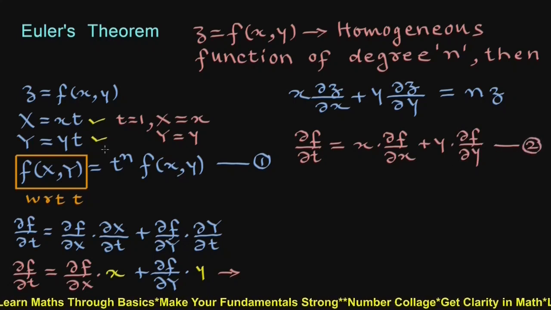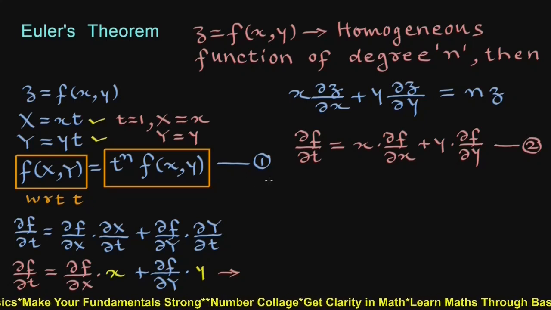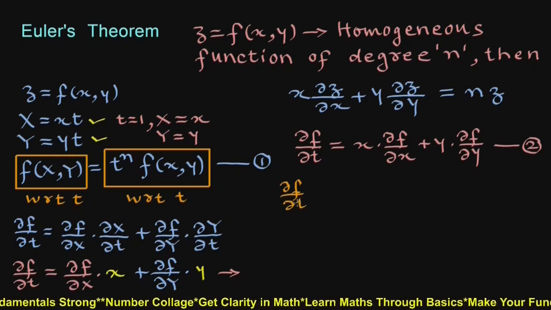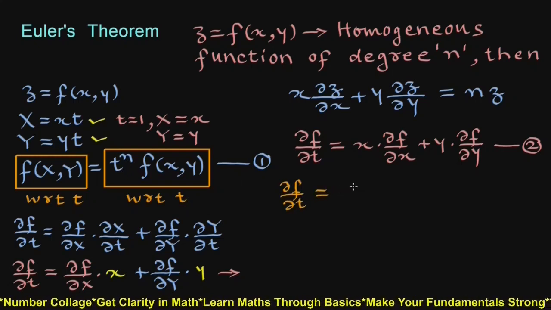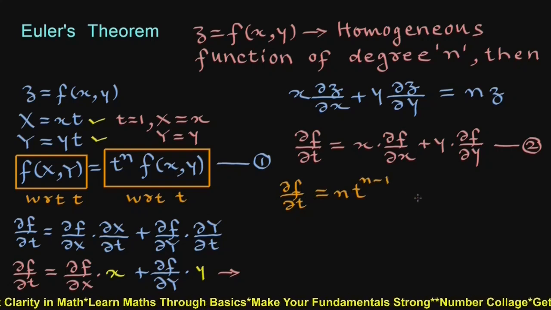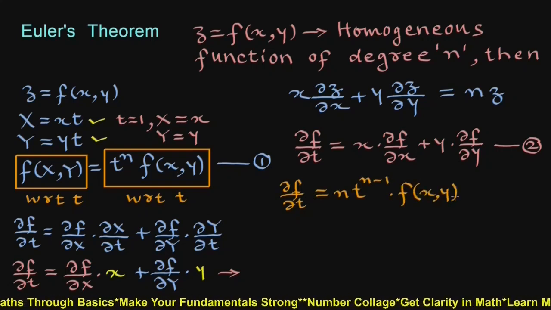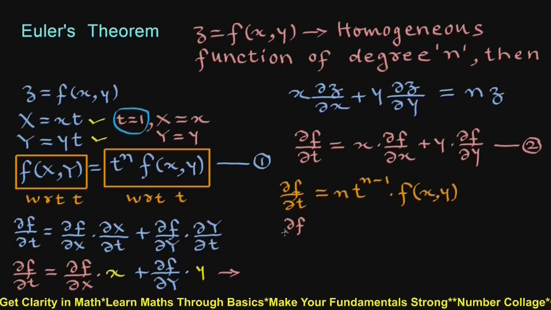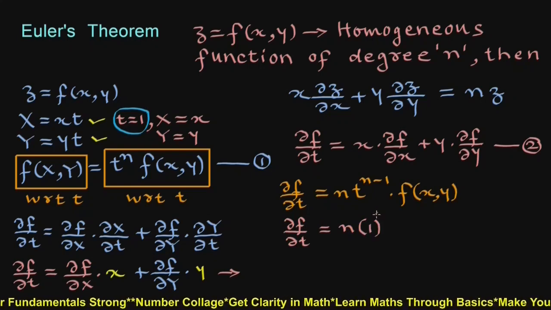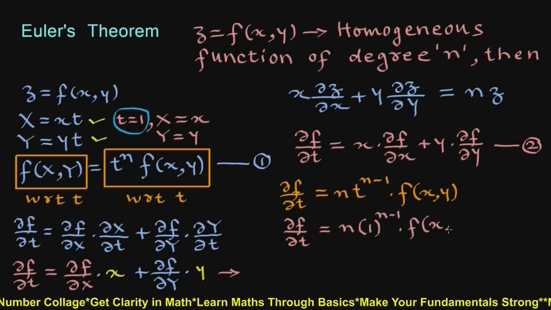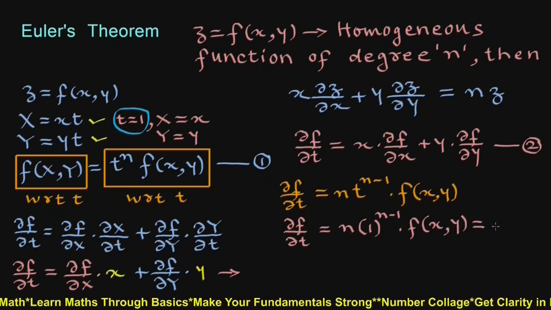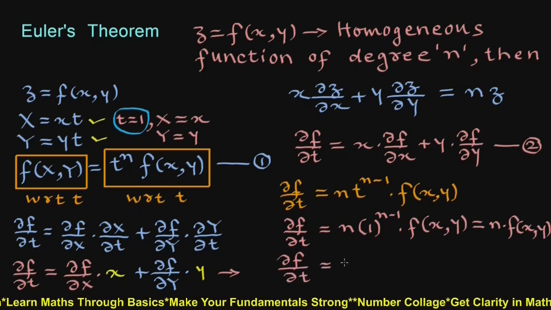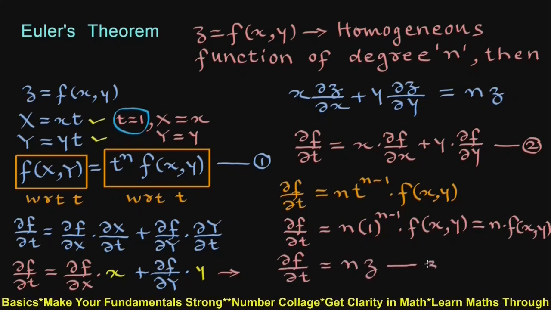Next, we will differentiate the right hand side of equation 1 again with respect to t, which will be ∂f/∂t equals the derivative of t raised to n, which is n t raised to n minus 1, into f(x,y). Here also if we put t equals 1, ∂f/∂t will be n into 1 raised to n minus 1 into f(x,y), which will be n f(x,y), or ∂f/∂t equals nz. We name this 3.